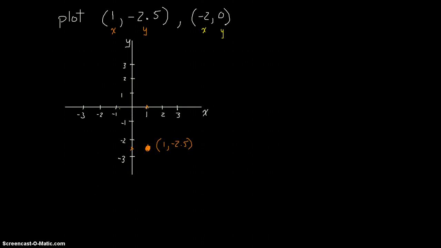It was where the x-axis crossed it. So what this is telling me is because the y value is 0, I'm only on the x-axis. So I come over here to x is minus 1, minus 2. My point is right there. It's on the x-axis. And again, we can just label this point minus 2, comma, 0.